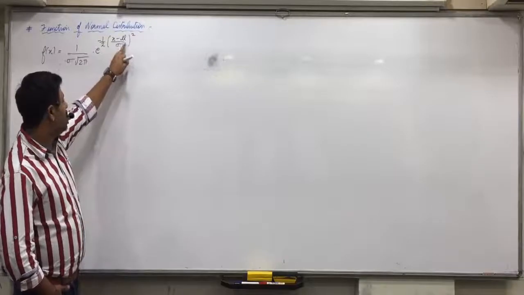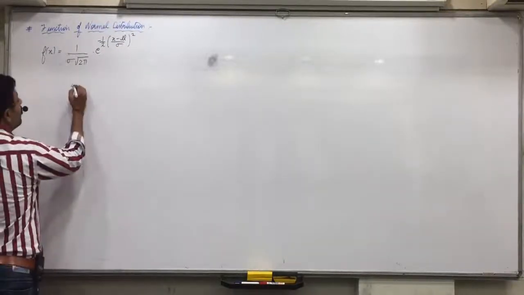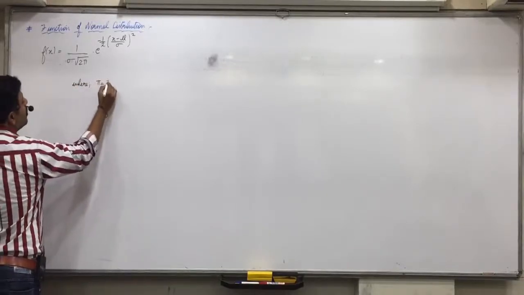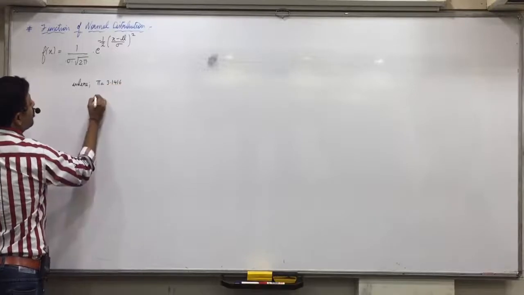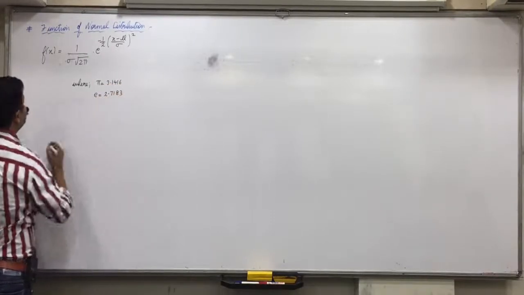And then x minus mu upon sigma terms we already know. So here pi is 3.1416, e is 2.7183.